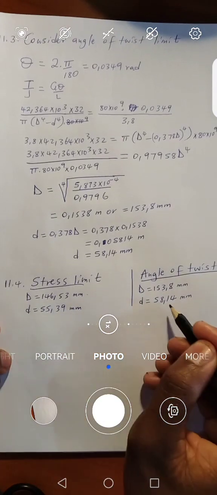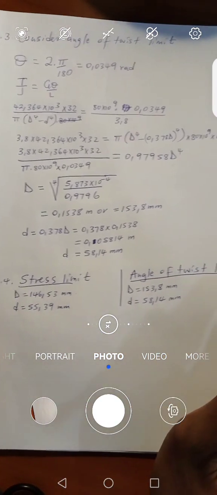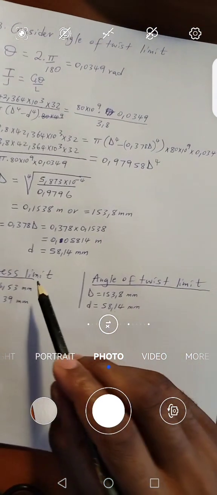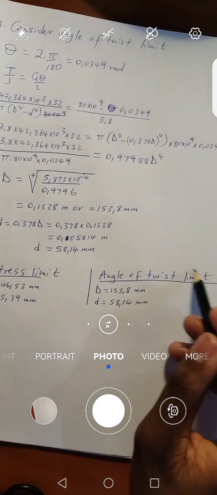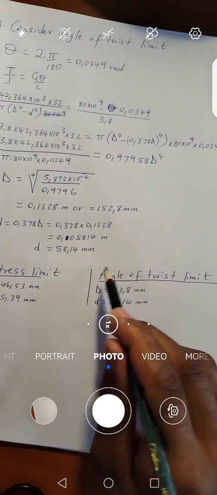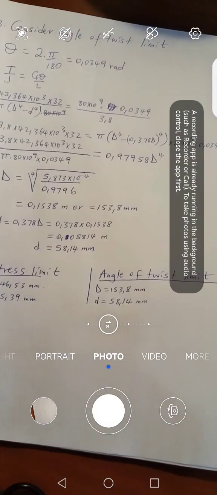So when you choose between this and this, the right answer will always be from the bigger dimensions, because the maximum shear stress normally will occur at the outer surface.